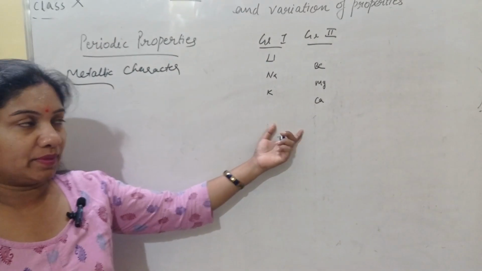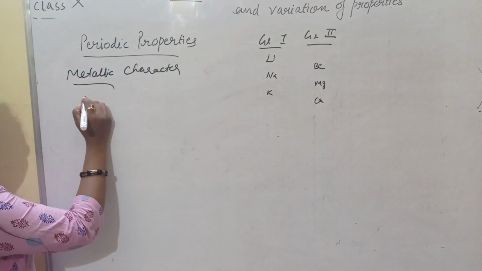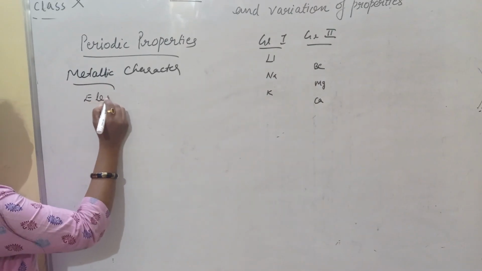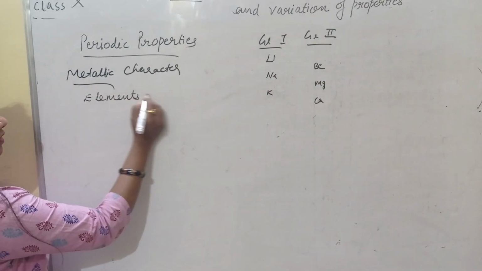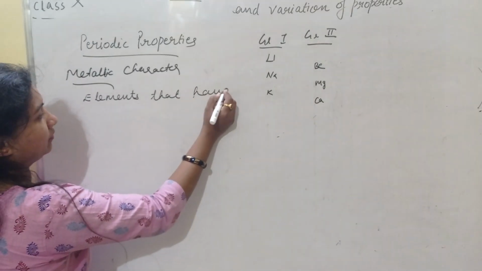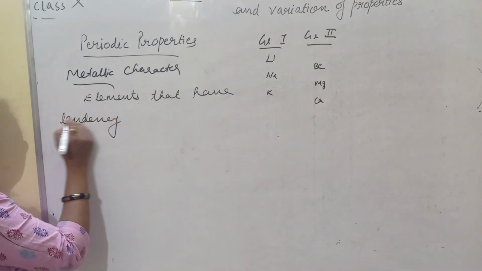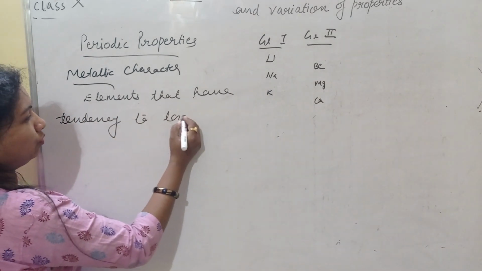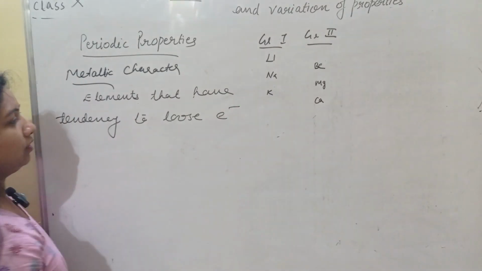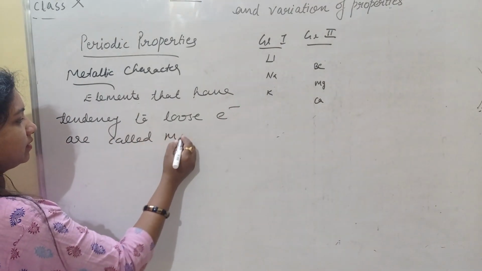Why are they called metals? Because they have the tendency to lose electrons. Elements that have the tendency to lose electrons are called metals.